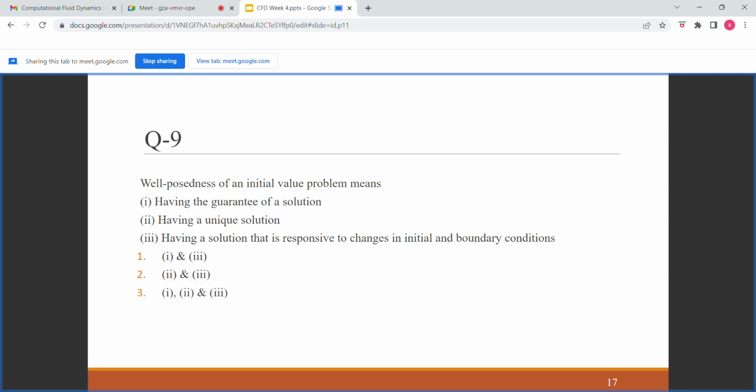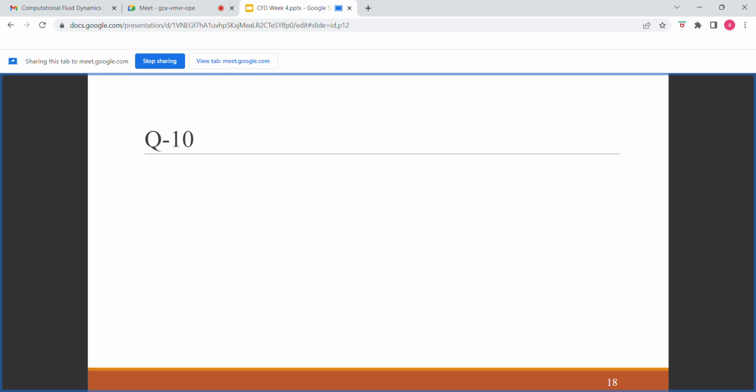So the answer to this problem is option 3, that is 1, 2 and 3, and none of the above is obviously false because all three options given are true. The answer to this problem is option 3. So we'll move on to question 10.